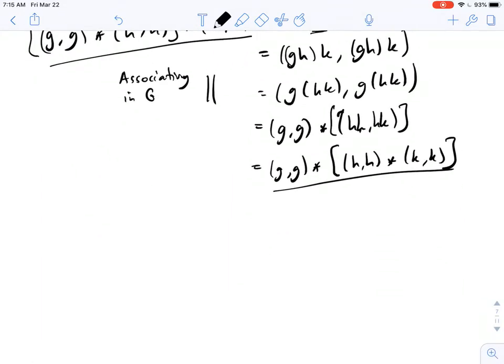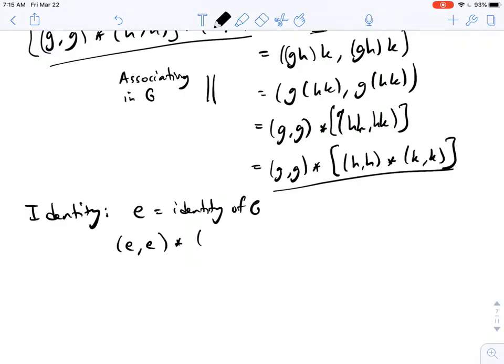Okay, next I need to have an identity element. All right, well, the identity in the group, if you call that e, so e equals the identity of G, well, seems very likely that (e, e) would be the identity. So let's check.